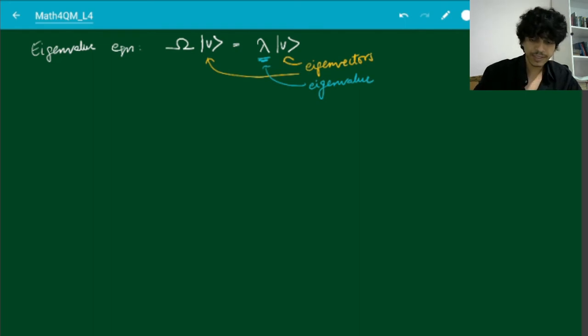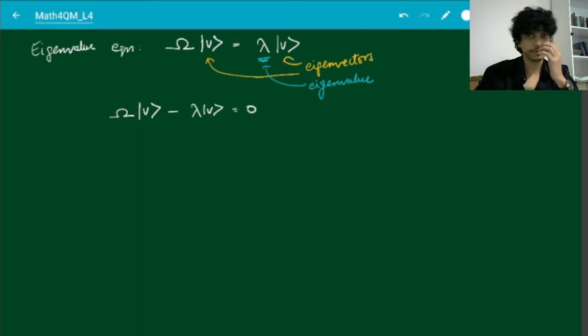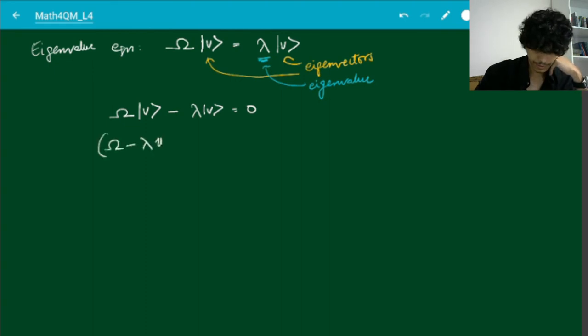So let's do one thing. Let's bring the right hand side onto the left hand side. So I'll get omega operating on v minus lambda v is equal to 0. Or I can write omega minus lambda times the identity matrix operating on v is equal to 0.